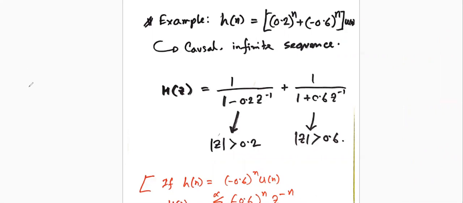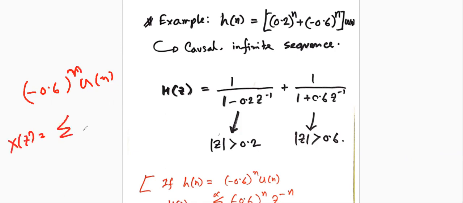If I can elaborate the things again, 0.6 whole to the power n u[n]. If that is your sequence, this is only the sequence, then what would be the z value? Let's say X(z) is equal to summation for n equals 0 to infinity, because we have u[n].